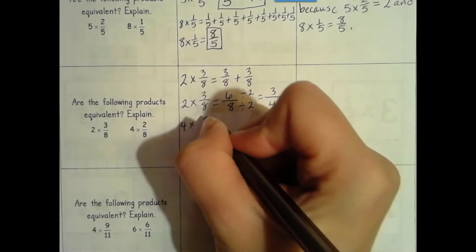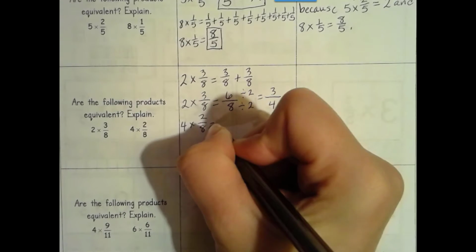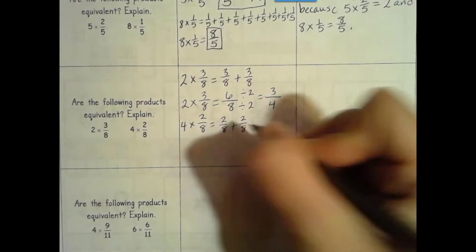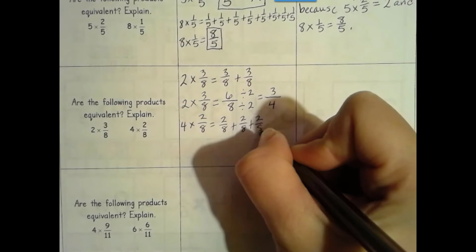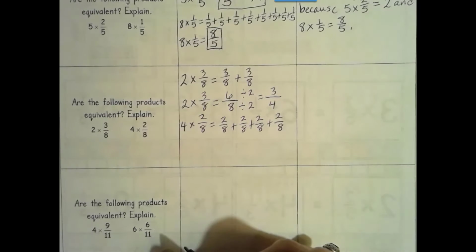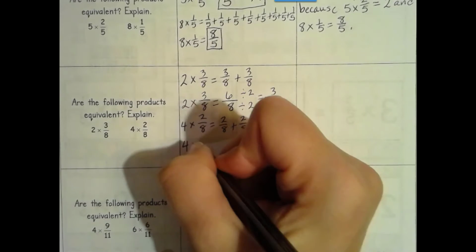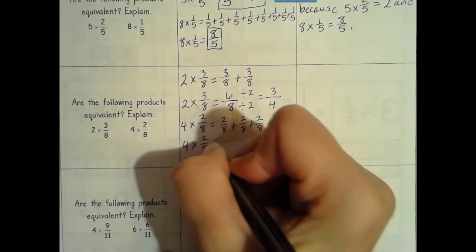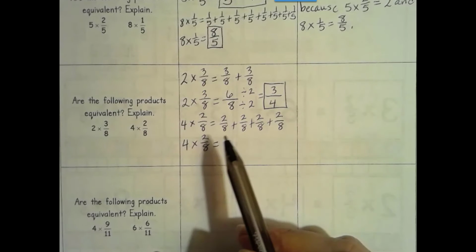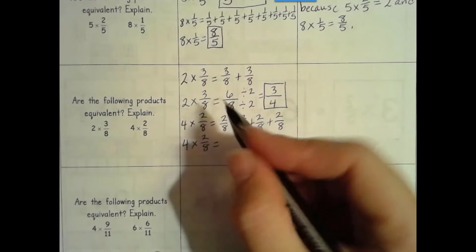4 groups of 2/8. So I'm joining together 1, 2, 3, 4. So let's see if we get 3/4 for this one. 2, 4, 6, 8.